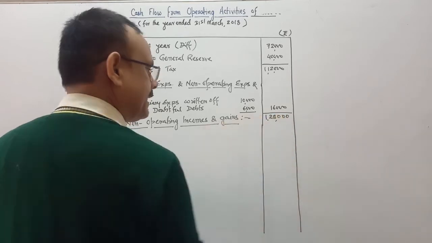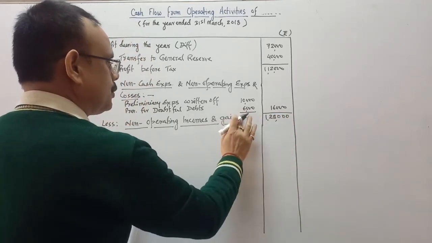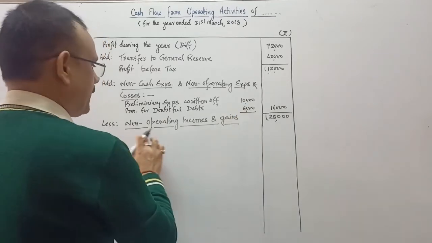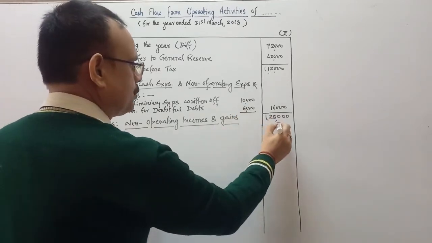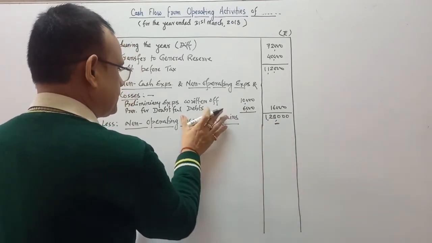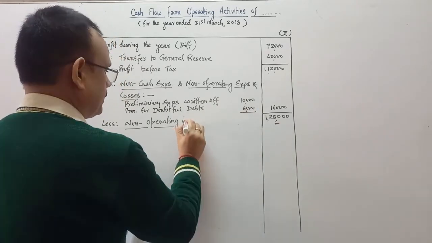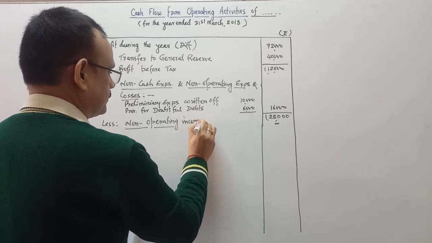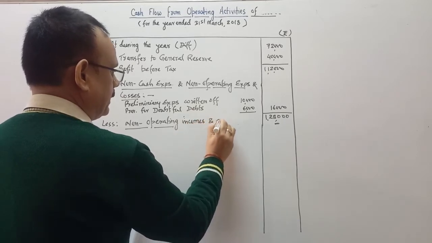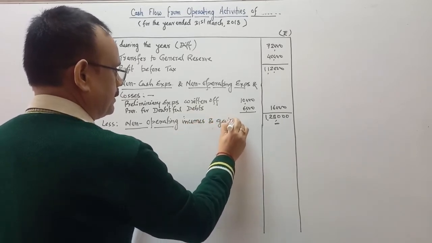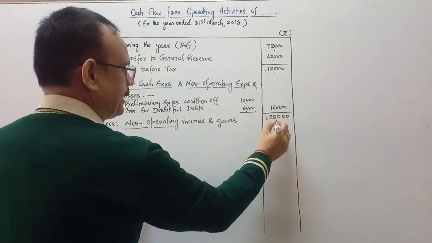So it is 1,28,000. And there are no non-operating incomes and gains.